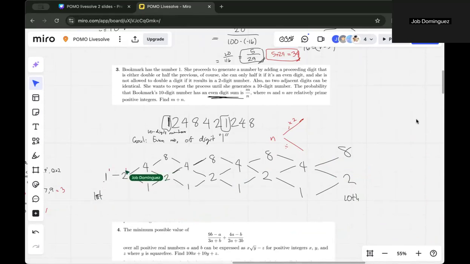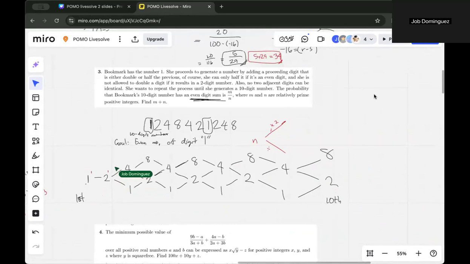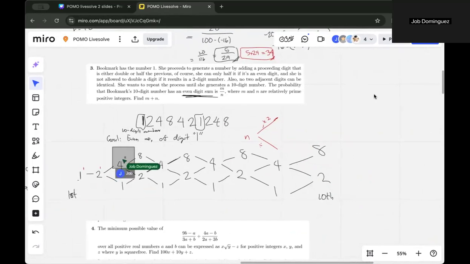I call it red, but it does not mean the power. It means the number of ways. We can go 1 here, 1 here, 1 here, 1 here, then 2, then 1. Why 2 here? Because we add 1 possible way and 1 possible way here. That's how it works.